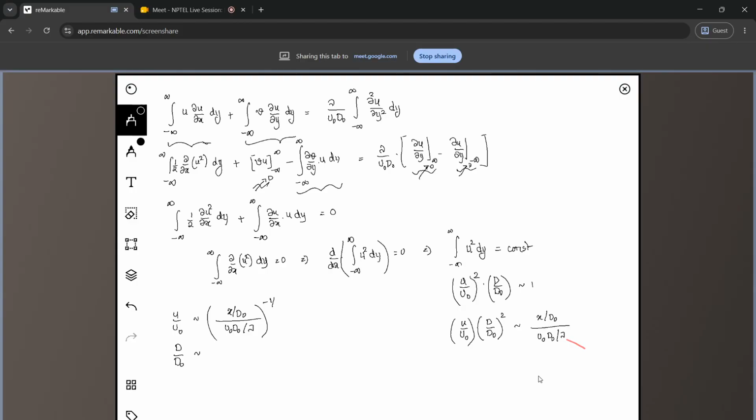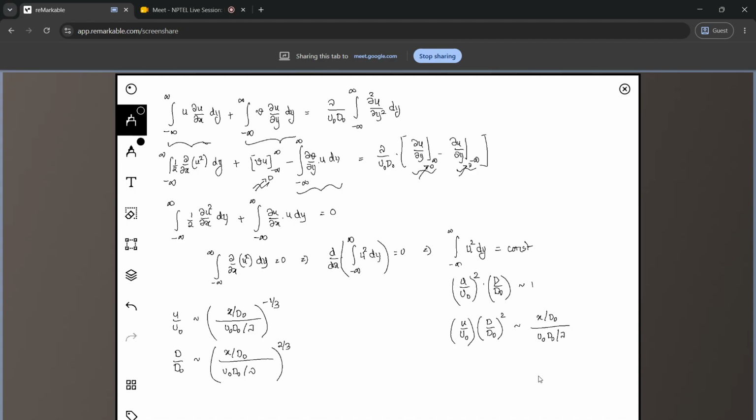So this will be minus 1 by 3. And the square of this should be there, so you'll have the same quantity. Square is minus 2 by 3, so this will be plus 2 by 3. Is this clear?